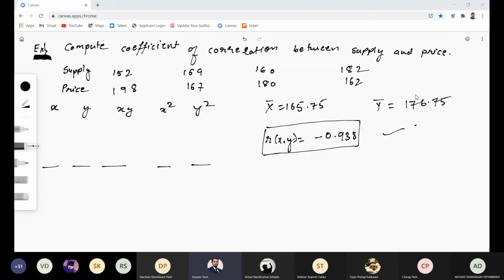When you press 3, there are different options. One is variance, and there is A plus BX, which will give you the regression. So you can explore that too. This kind of question can be solved easily. Working of course you will have to show, but if it is an objective exam or online exam, then this will be very helpful for you. So go through that.